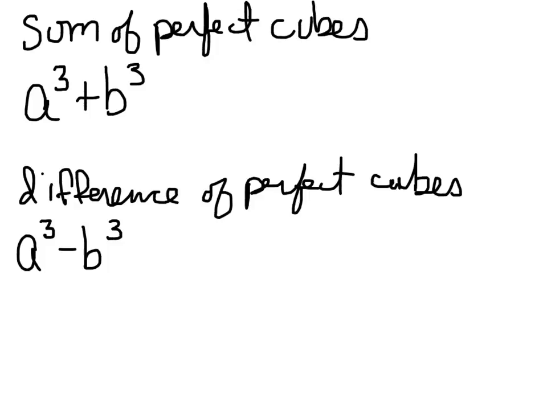Now, what they mean by perfect cubes is numbers like 1, 8, 27, 64, 125, 1,000. What I did to get those numbers is I took 1 to the 3rd power, 2 to the 3rd power, 3 to the 3rd power, 4 to the 3rd power, 5 to the 3rd power, 10 to the 3rd power.